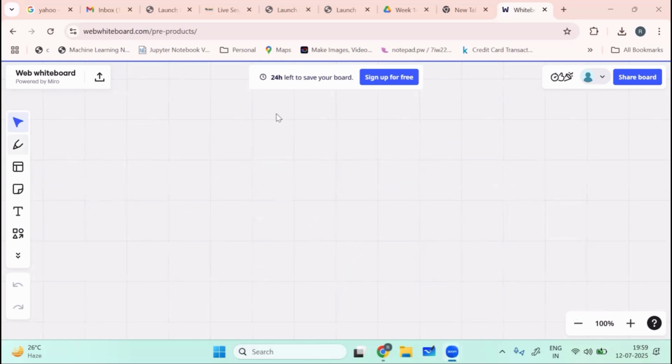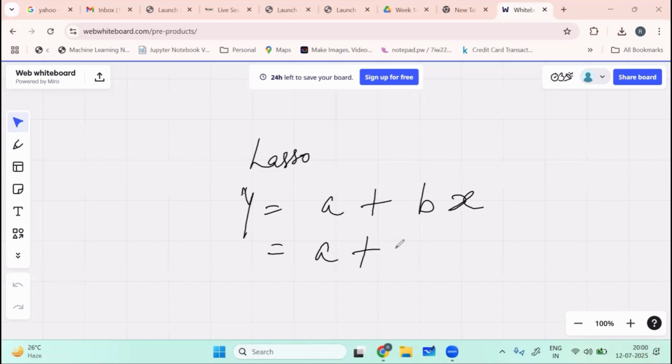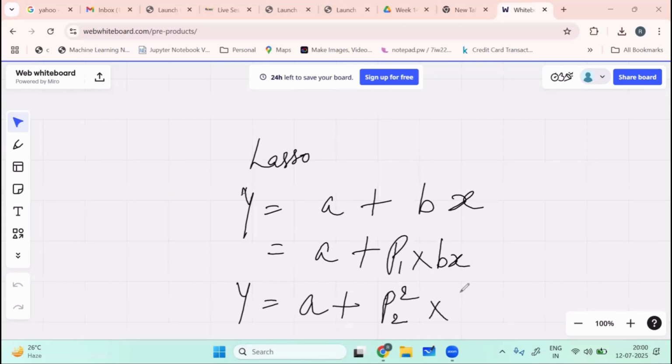In lasso, when I'm writing the equation y = a + b x, I'll attach the lasso penalty as a + penalty 1 into b x. But when I go for ridge, I'm attaching more penalties, so it will be p2 squared into b x.